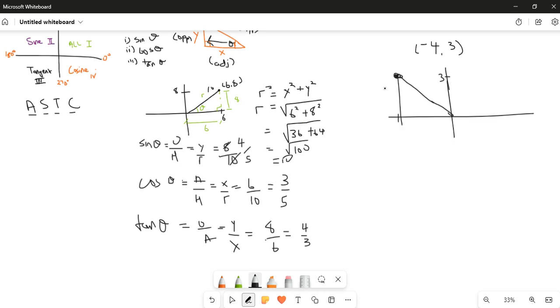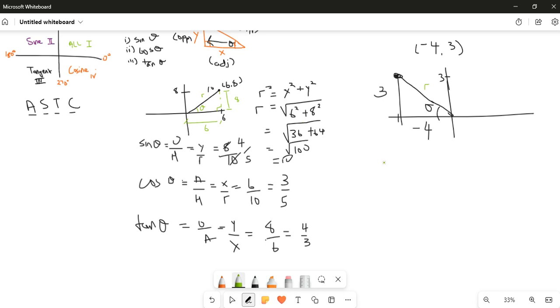So we have theta here. Opposite is going to be 3. Adjacent is going to be -4. So we need to determine the hypotenuse, which is r.